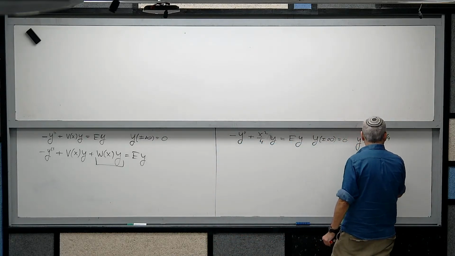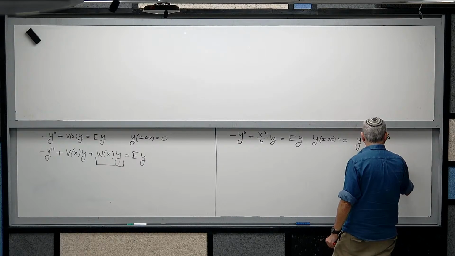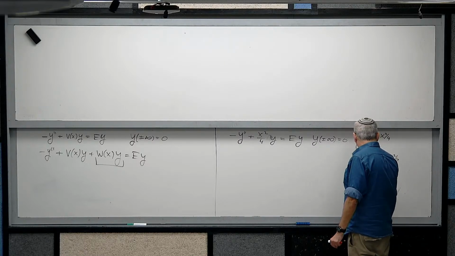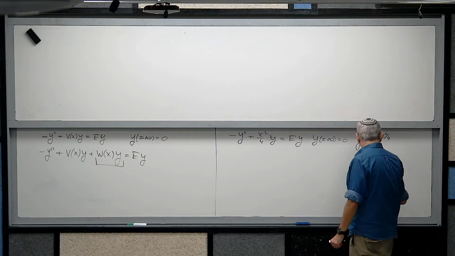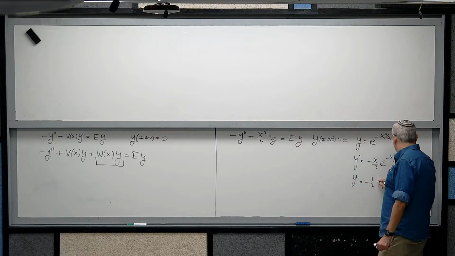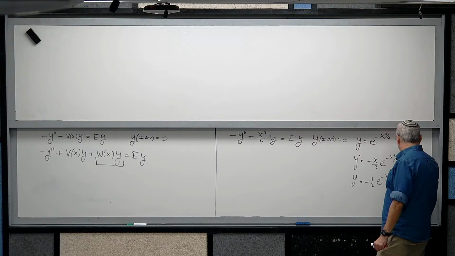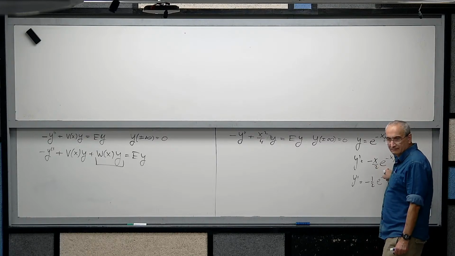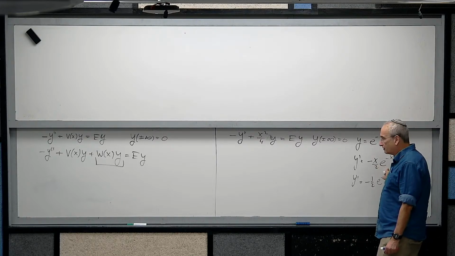Psi prime is minus x over 2 e to the minus x squared over 4. Right? And psi double prime will be minus 1/2 e to the minus x squared over 4 plus x squared over 4 e to the minus x squared over 4, depending if I'm taking the derivative here or here. You agree? Okay?